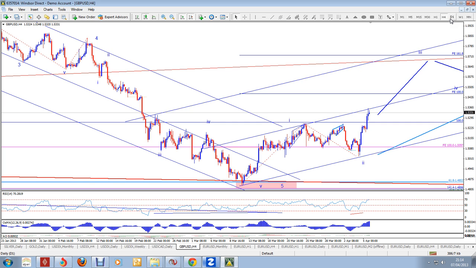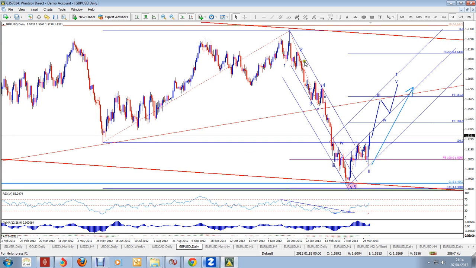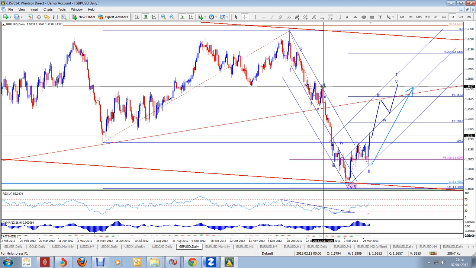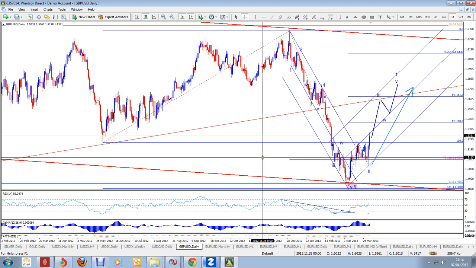And when we look at the other chart, the euro chart, you will see what I mean, because I think a lot of people have misinterpreted the weakness of the pound. It was weak because it was completing this last leg down, wave C, and you can see it's got 5 waves, starting off from this wave 1, wave 2, wave 3, wave 4, and then a very extended wave 5.